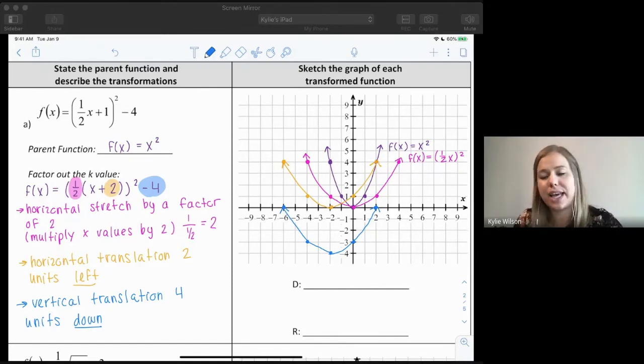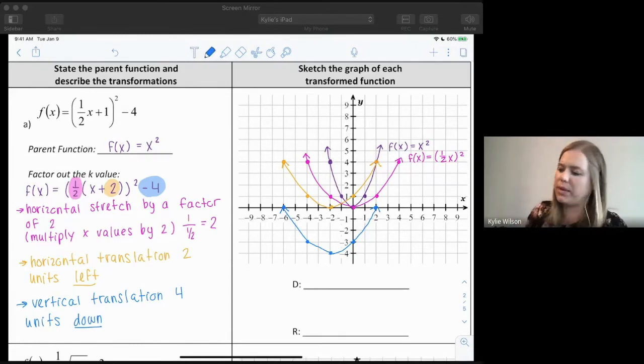If I have a k value, then I always just multiply my x's by 1 over k. That's very consistent. So if I have an a value, multiply all my y's. If I have a k value, multiply all my x's by 1 over k. Does that kind of make sense? Okay, we're going to do a bunch more like that. So hopefully when you see it in practice, it will help clear things up.